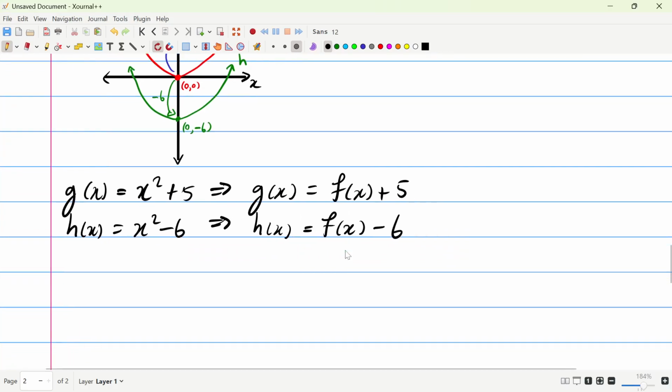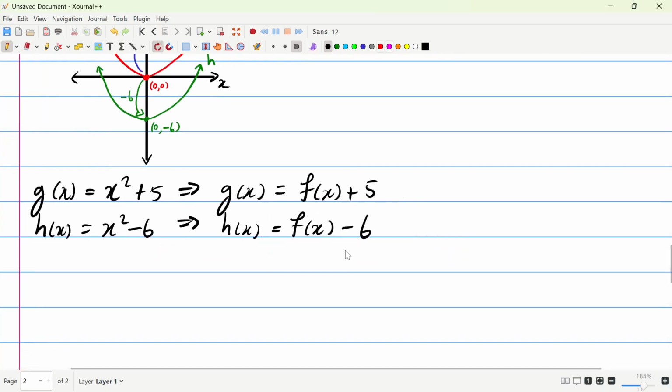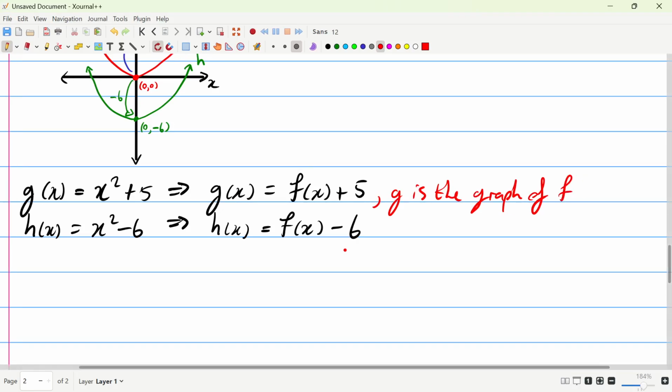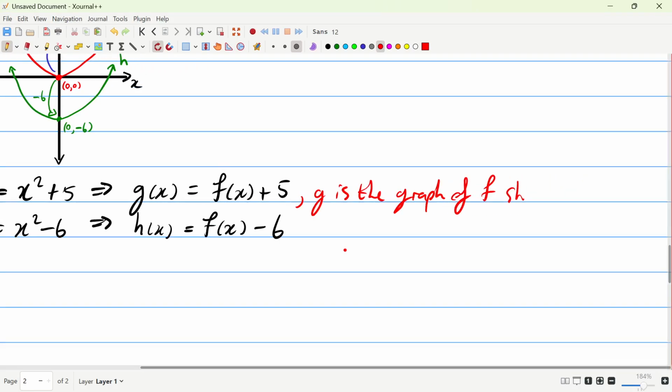Obviously, we can say here, g is the graph of f shifted up by 5 units.